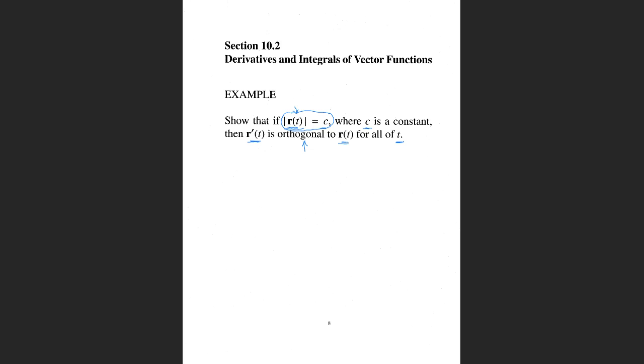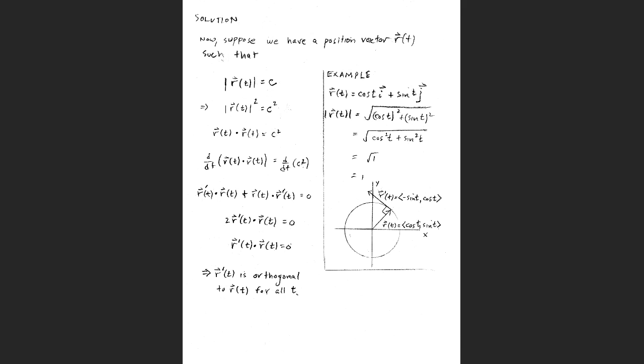Let's go ahead and look at the proof of this. So first of all, the actual solution is on the left. But what I wanted to do was just give you an example. You might be wondering, well, what kind of space curve would always have constant length?